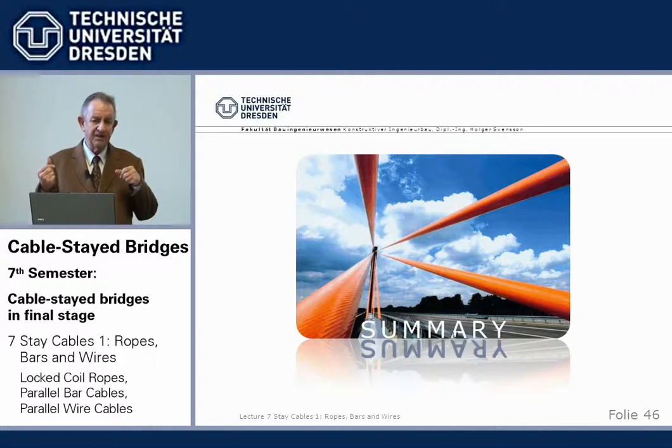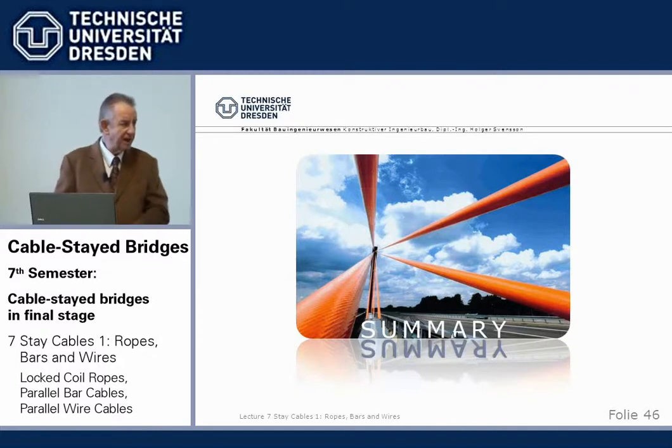On the other hand, they are comparatively thin members, say 200 millimeters, 250, not even smaller, compared with beams which are 2 meters high, and even the roadway slab is at least 25 centimeters in concrete, an orthotropic deck is 300, and so on.